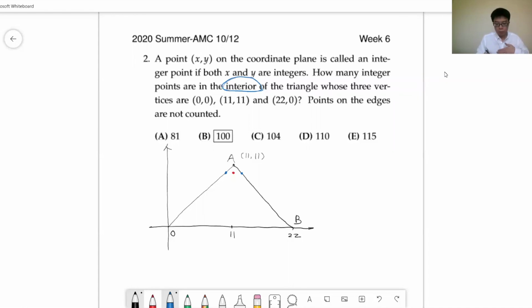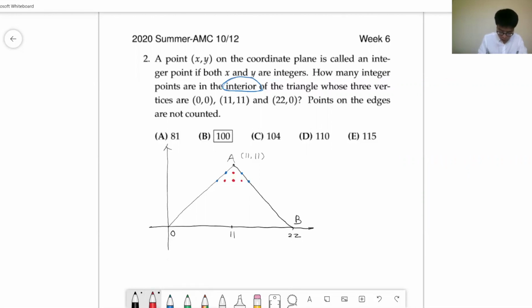And then let's count the point right below the red point. That will be 11, 9. And there will be two neighboring points, 10, 9 and 12, 9. And then the next 2 points will be on the boundary, so this will be 9, 9 and I think 13, 9.